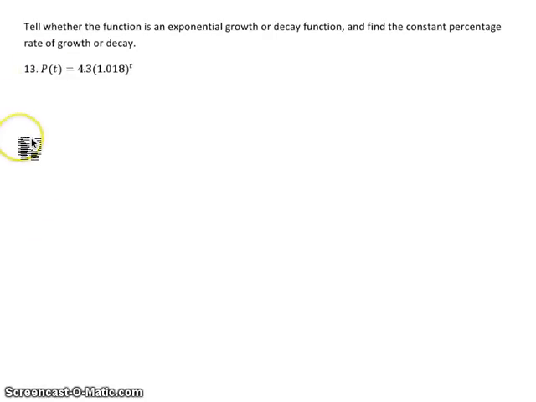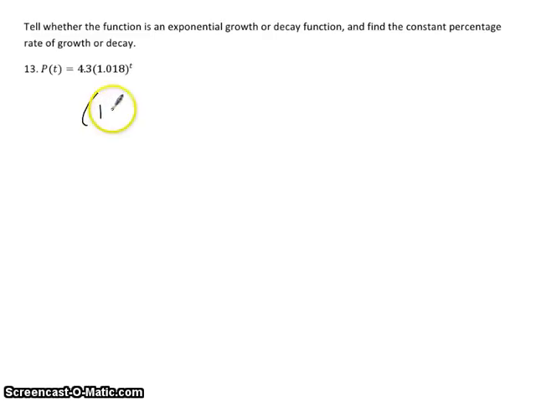It says that we want to tell whether the function is an exponential growth or decay function and find the constant percentage rate of growth or decay. So first of all, I see that this is a 1.018, which tells us since this is greater than 1, this is a growth function. To find the actual percentage growth, we would subtract 1 from this number.